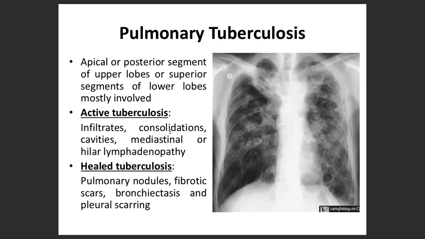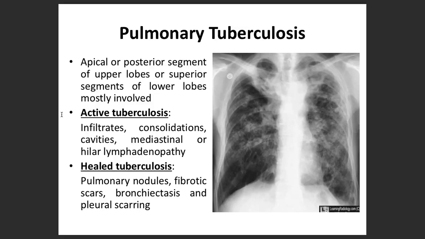And pulmonary tuberculosis, we have already said about it. So what happens is there can be active tuberculosis, otherwise healed tuberculosis. Active will be shown with infiltrates, consolidation, hilar lymphadenopathy, otherwise the healed ones, you will see those nodules, scars, bronchiectasis, or otherwise pleural scarring can also be seen, in fact.